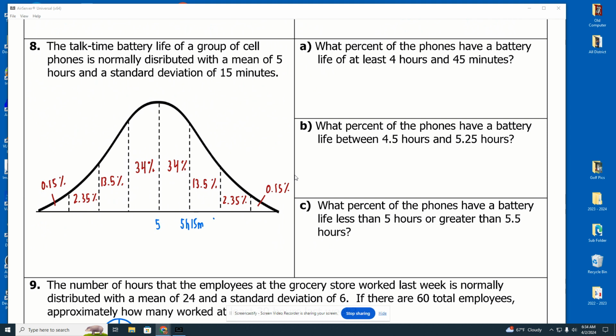If I go again, that's 5 hours, 30 minutes. And then one more time, that's 5 hours and 45 minutes. Okay? Now, going the opposite direction, we've got 4 hours and 45 minutes.